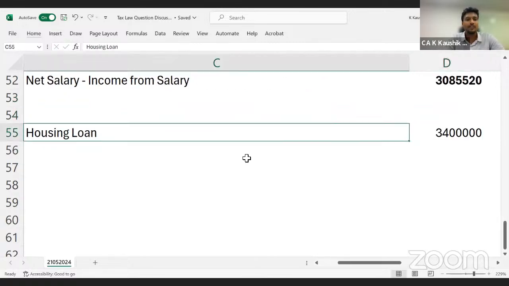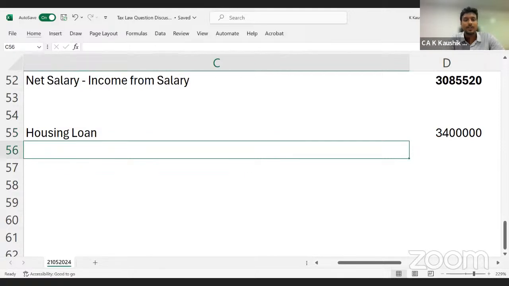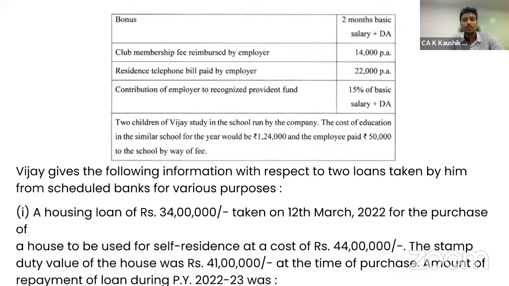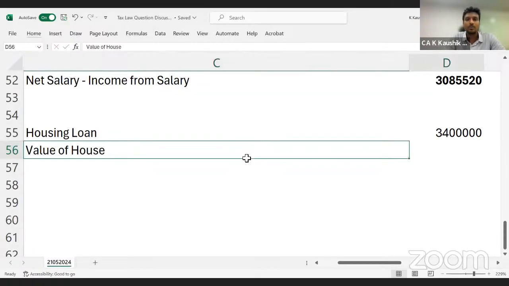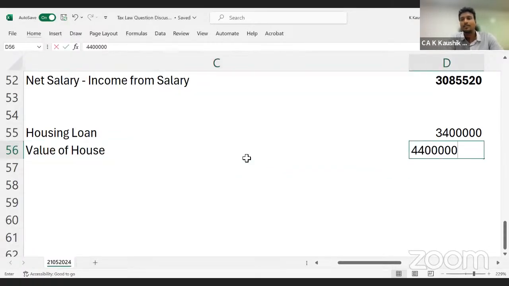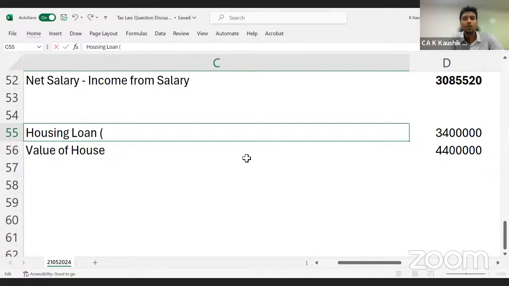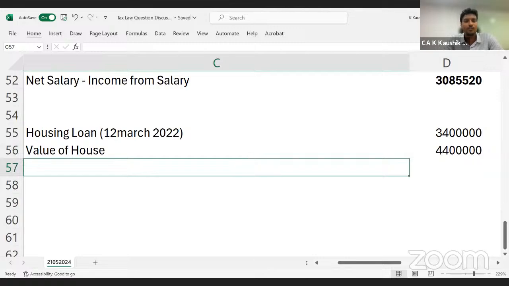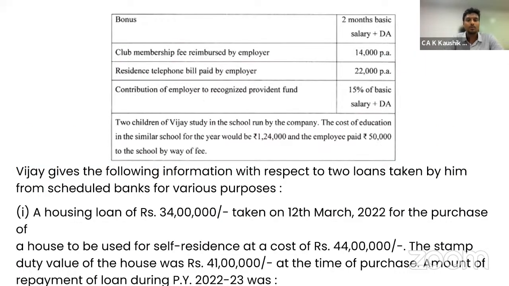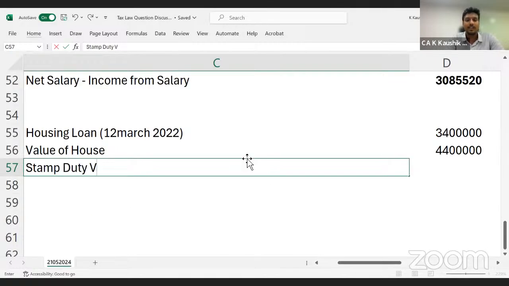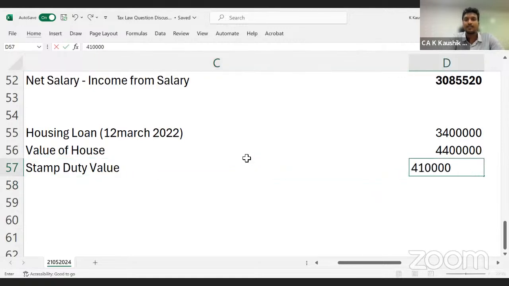Housing loan, 34 lakhs. Value of house, 44 lakhs. Now, if you see the loan amount date, the loan was sanctioned on 12th March 2022. Value of house is 44 lakhs. The stamp duty value is 41 lakhs.